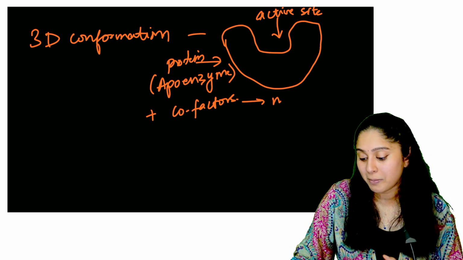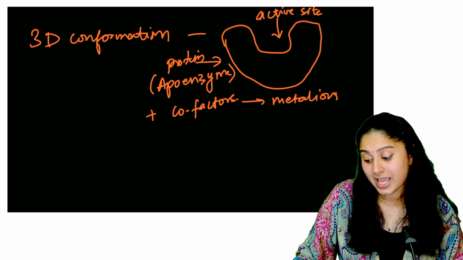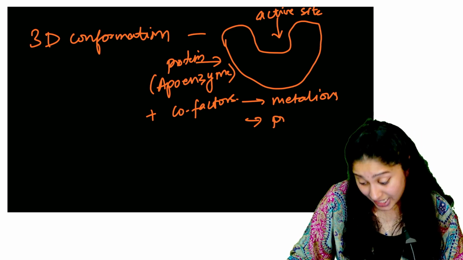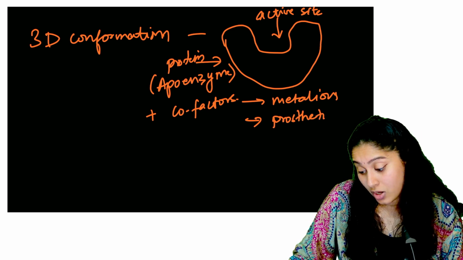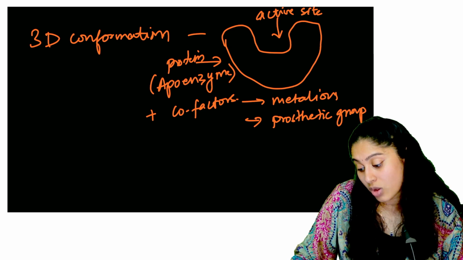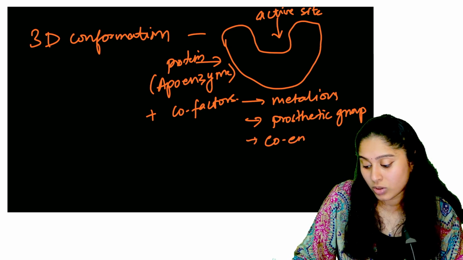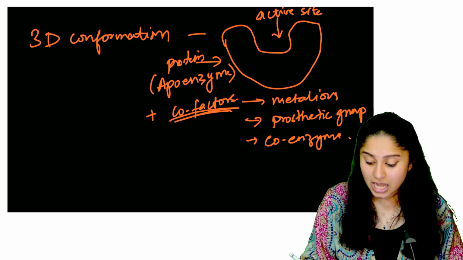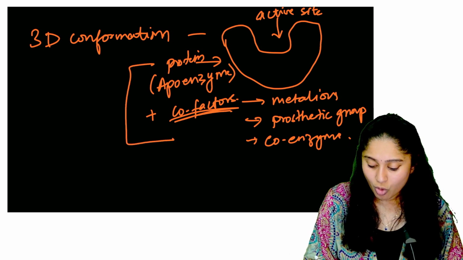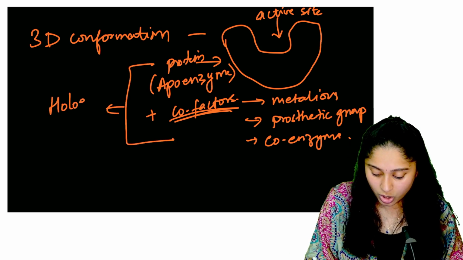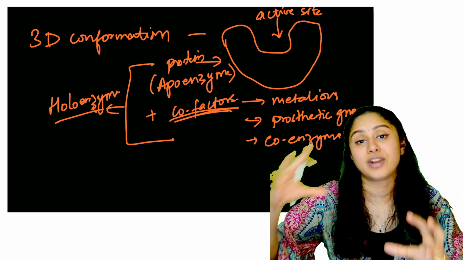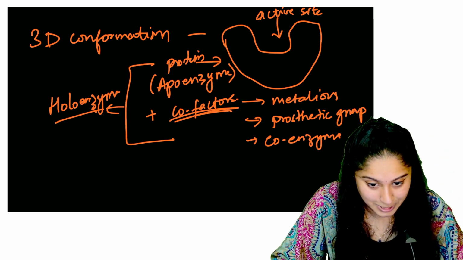Cofactors can be metal ions, a prosthetic group, which is an organic group, or also a coenzyme. Anything, but this cofactor is definitely needed. This apoenzyme plus the cofactor forms what we call a holoenzyme, and this is what is completely functional and ready for the process of catalysis.